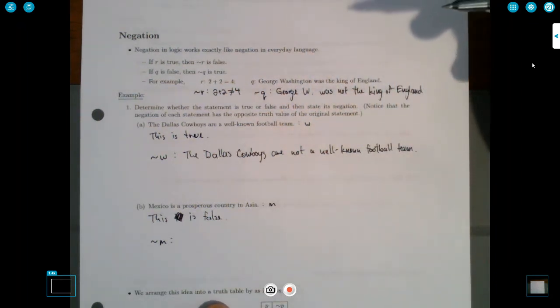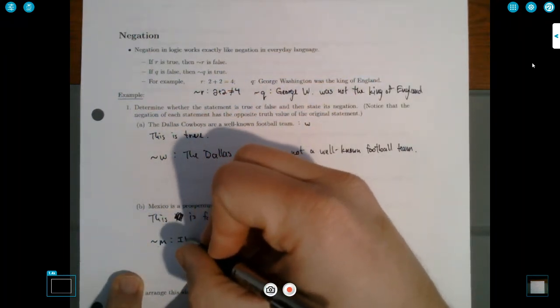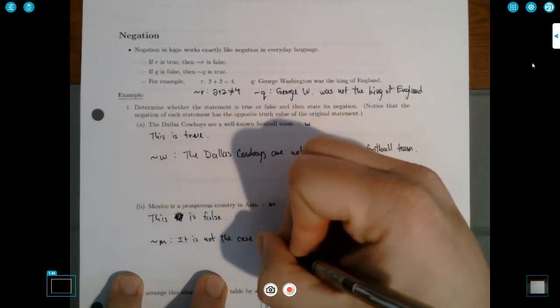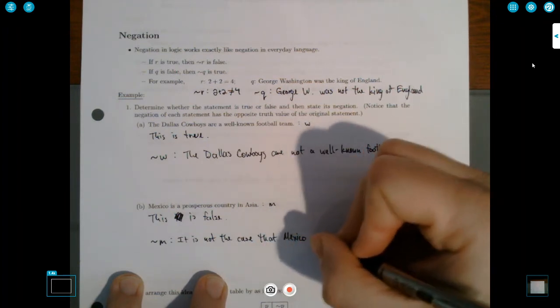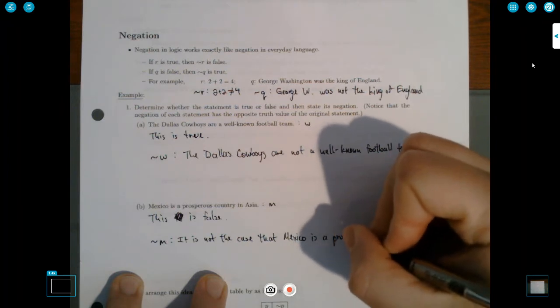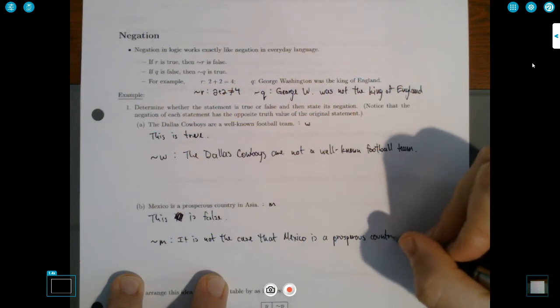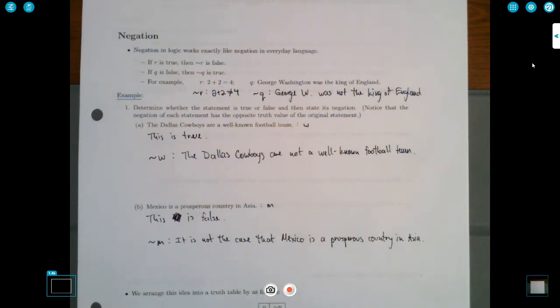So maybe the best way to negate this statement is to just negate the whole thing and say, it is not the case that Mexico is a prosperous country in Asia. That would be one way to negate it.